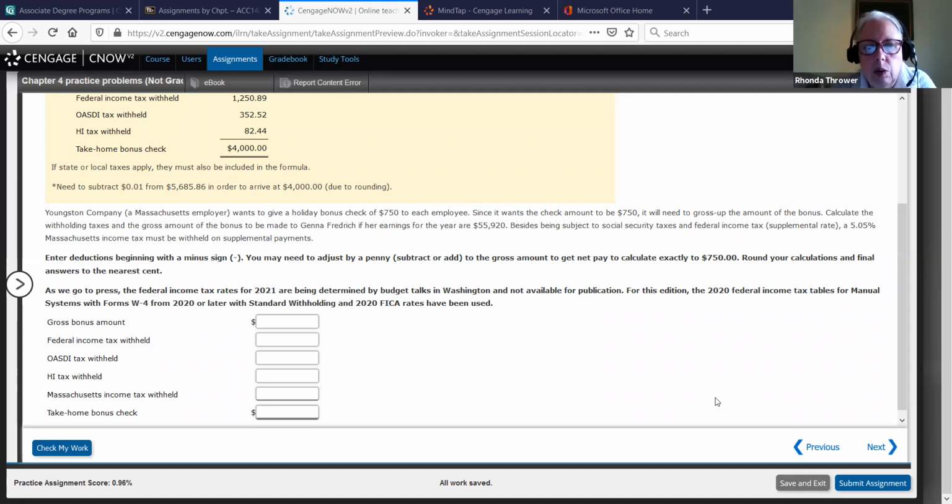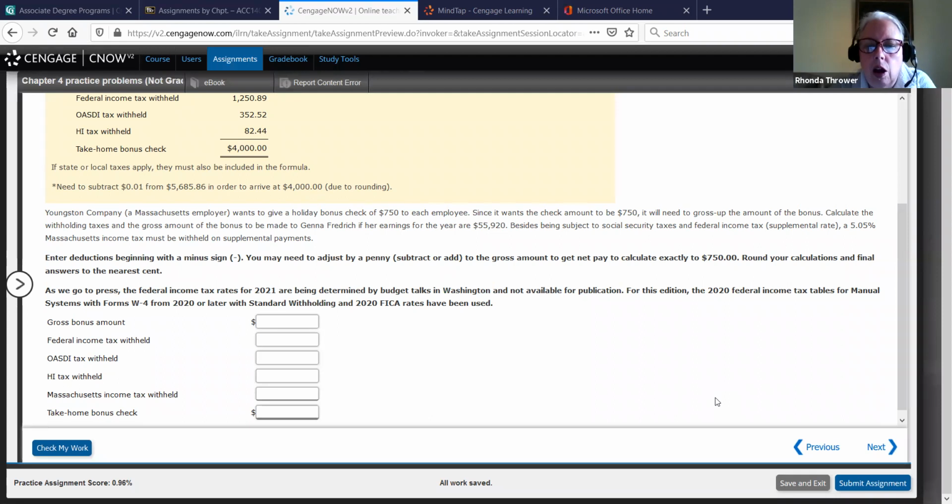And so then I want to show you how to prove this, because a lot of times students don't understand what's going on with the grossed up amount. What we're saying is the gross pay would be this amount right here. So if we multiplied each of our tax rates by the gross amount, these are the individual taxes withheld.